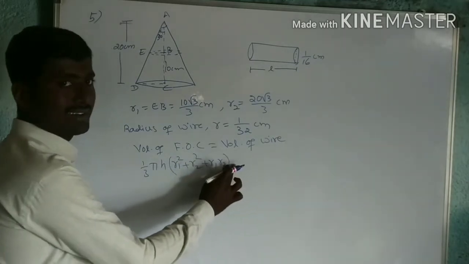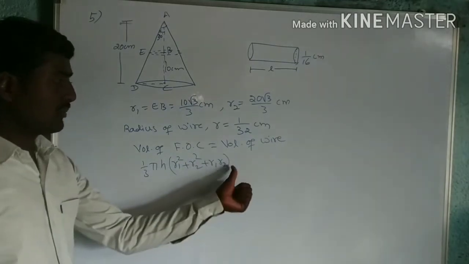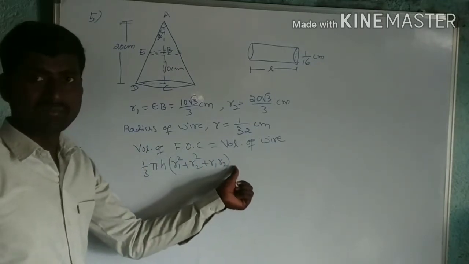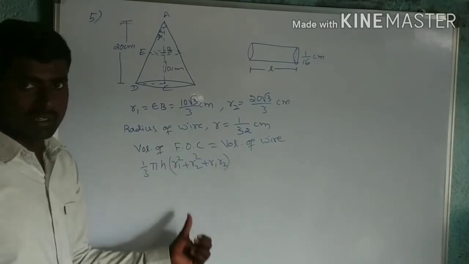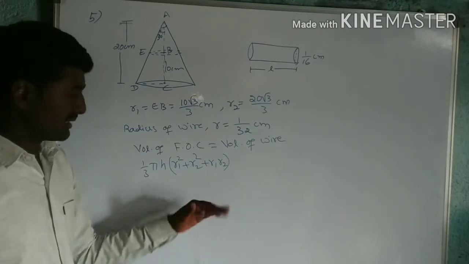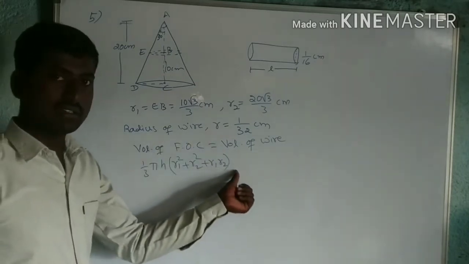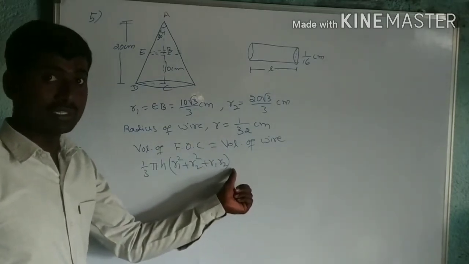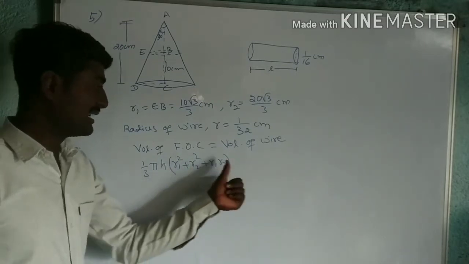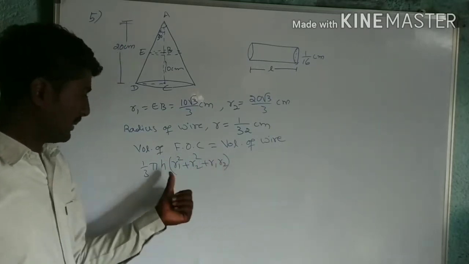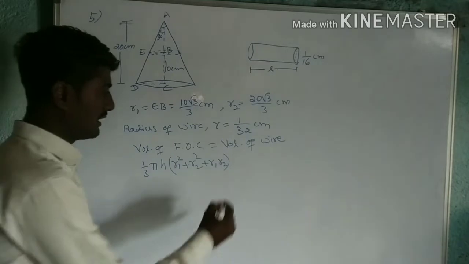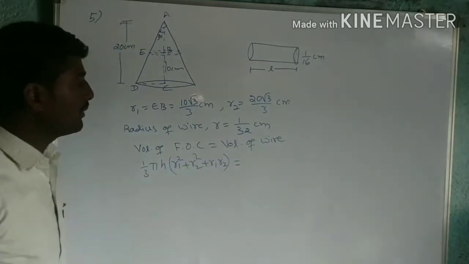Sometimes you may forget to substitute h, but if you write h first, automatically you will substitute it. Then this is equal to the volume of the wire.